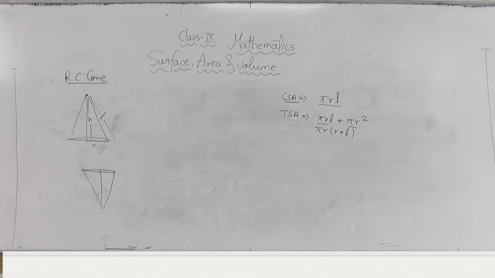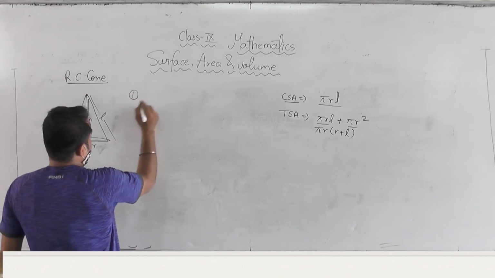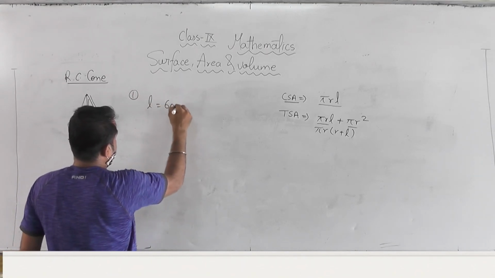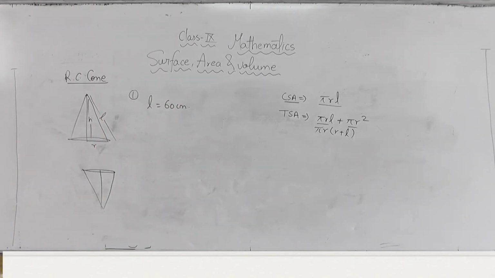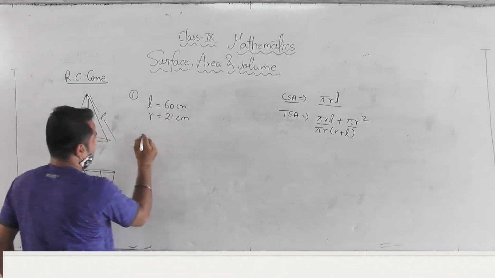See, in this cone, suppose we need to find the CSA. The slant height is given as 60, so I take L as 60 centimeters, and the radius of the base is 21. We need to find the CSA.